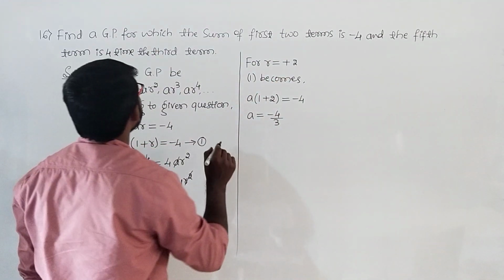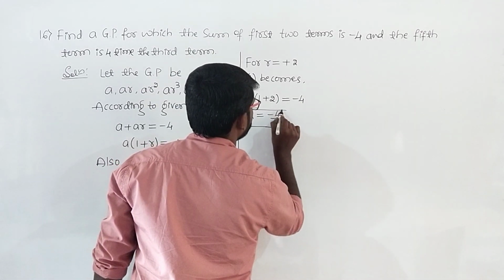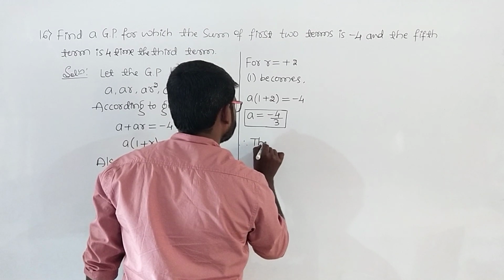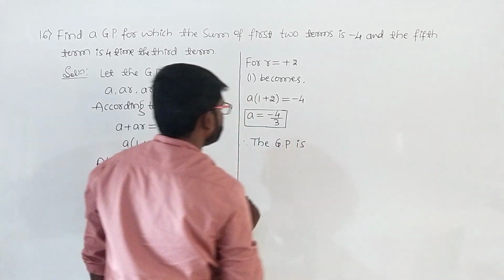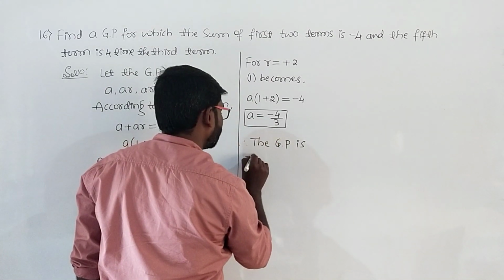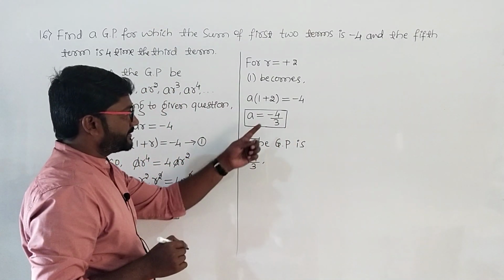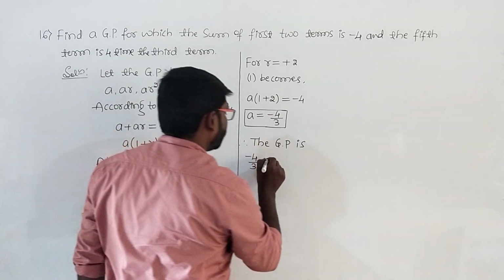We have to write the GP. Therefore, the GP is A, AR, AR square, and it continues. A is minus 4 by 3, comma, AR, minus 4 by 3 into 2, it is minus 8 by 3.